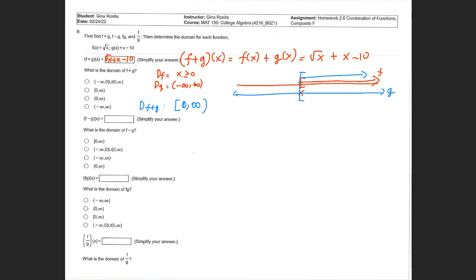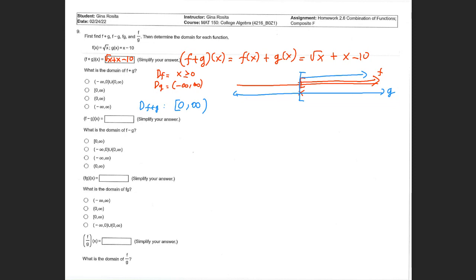I just erased a little because the 0 looked like a 1, so I changed it to a real 0. This is 0 to infinity, because there is a square root over there, which cannot be negative. They start from 0.